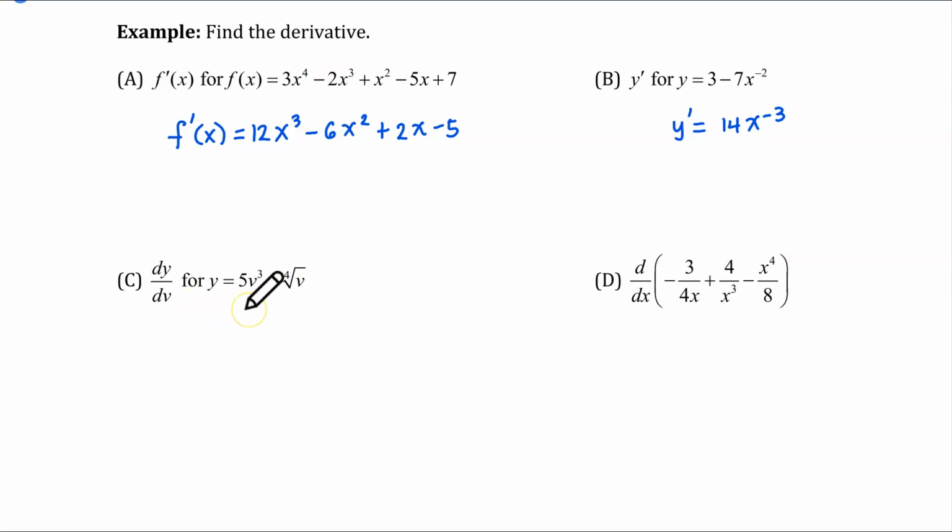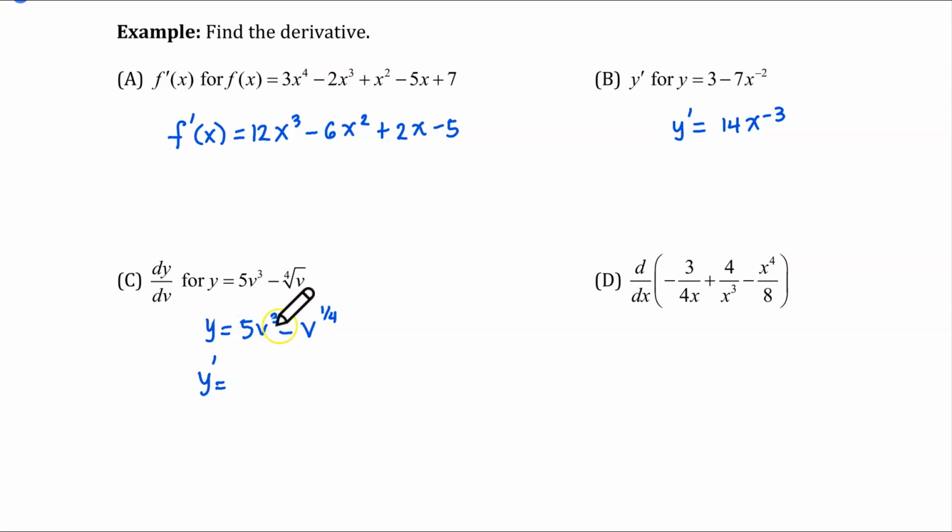For letter C, before we can differentiate this, let us first rewrite the fourth root of v. So our function is equal to 5v cubed minus, now the fourth root of v in exponential form is just v to the 1/4. Then now you can differentiate each term.